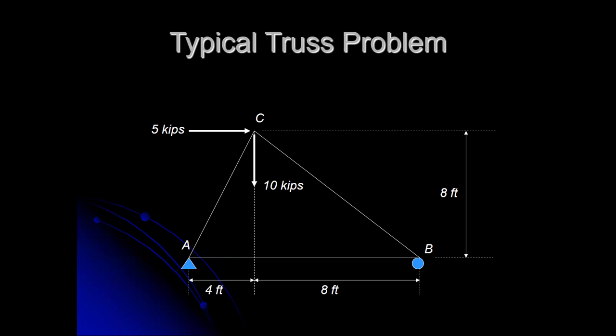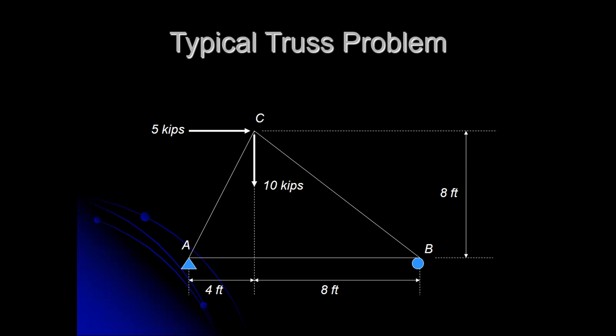The height of the truss is 8 feet. And we've got our pinned support at A, so that's going to contribute 2 reactions, RAY and RAX. And then we've got a roller support at B, that'd be RBY.